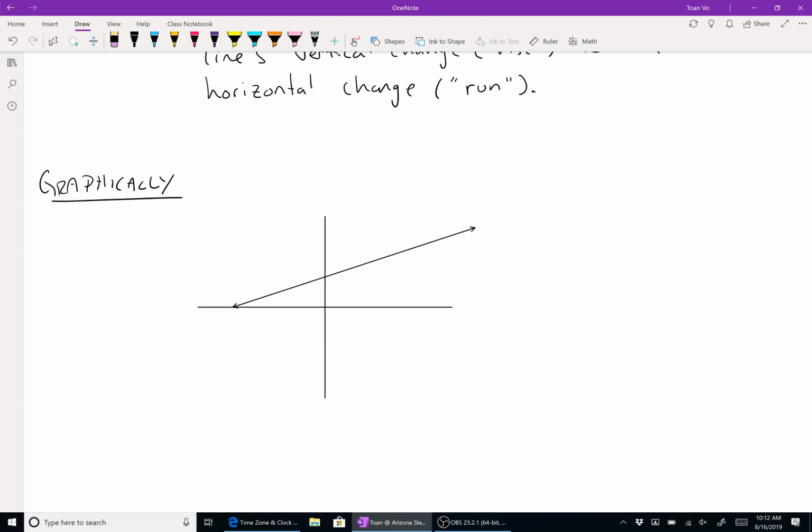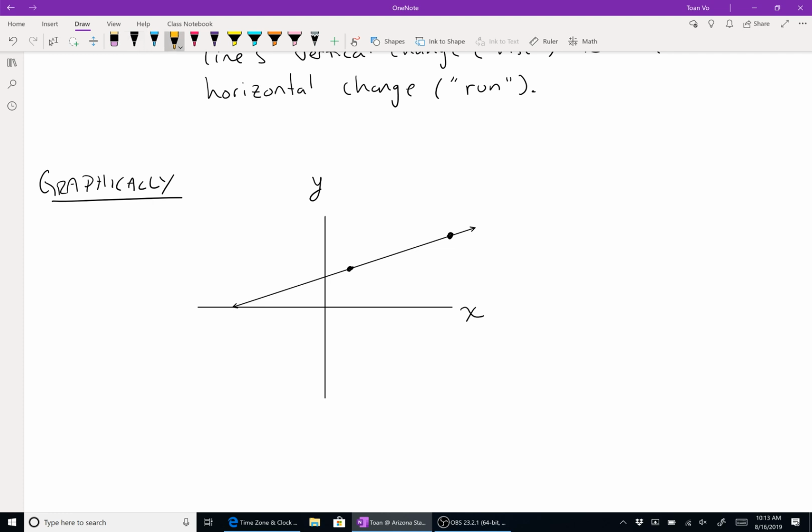If I take a look, and this coordinate system is an XY coordinate system, if I just go ahead and take two random points on that line, say here, this here, the definition of slope is the ratio of the vertical change.